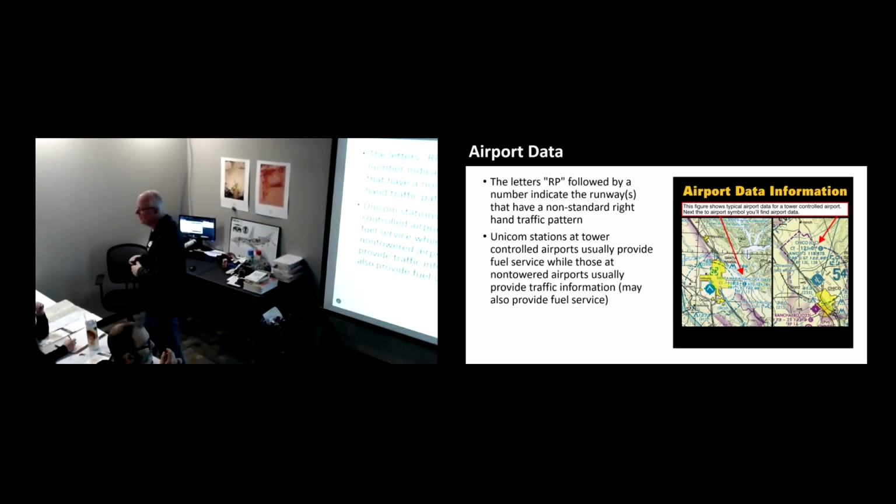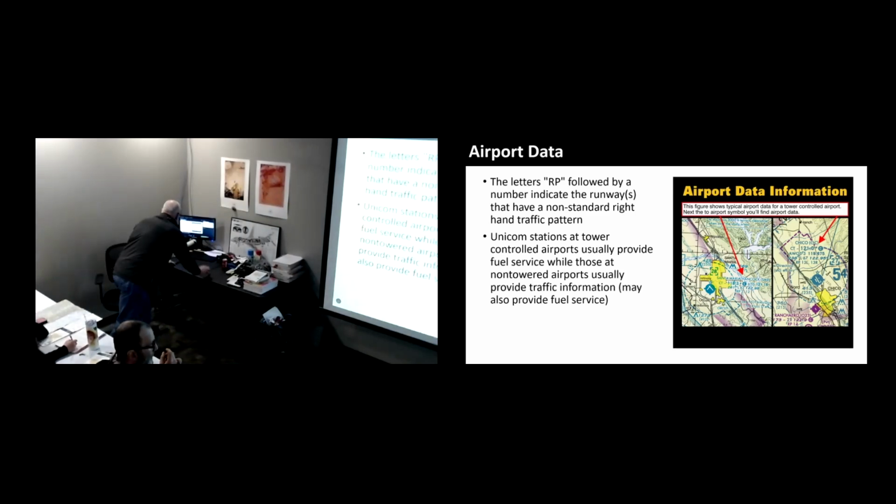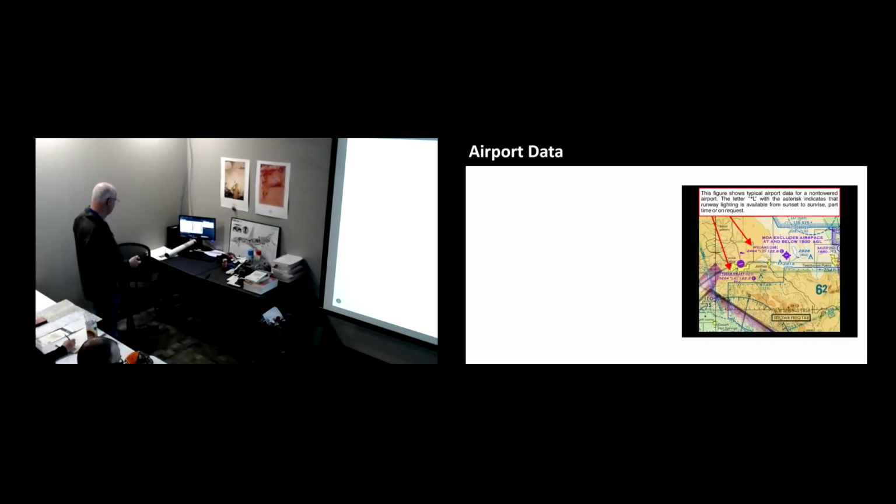But that's going to tell you what frequency you can use for Unicom communications with the facility. Could be the FBO, yeah. If you call the Unicom here, you're talking to Signature Flight Services, the FBO.